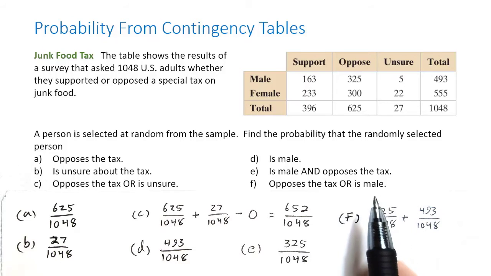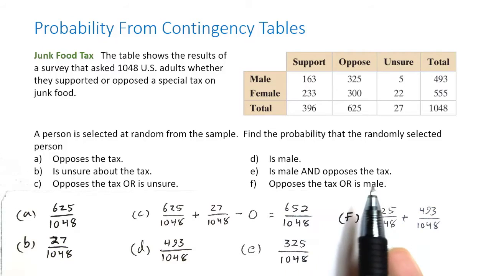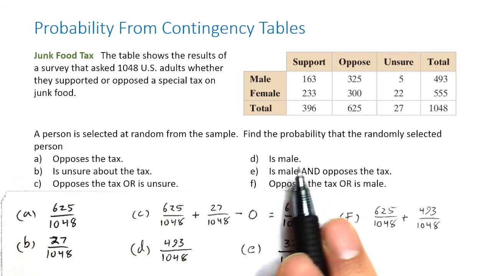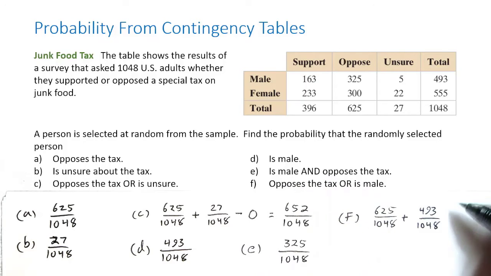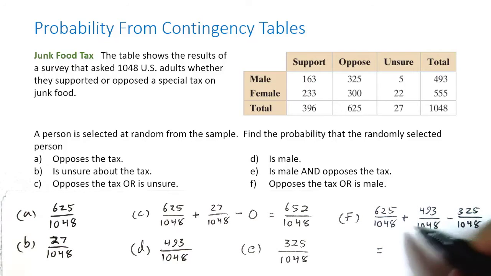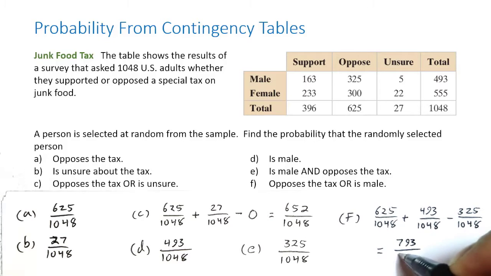And then we're supposed to subtract the probability that they oppose the tax and are male. Well, that's what we computed in part E. So I subtract 325 out of 1048. And what do we get here? We get 793 out of 1048.